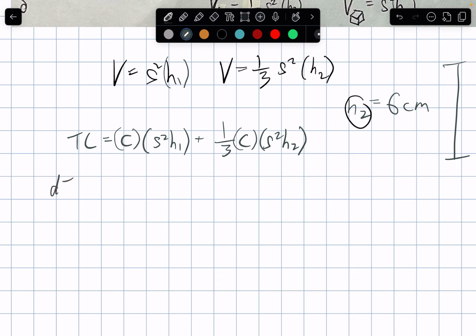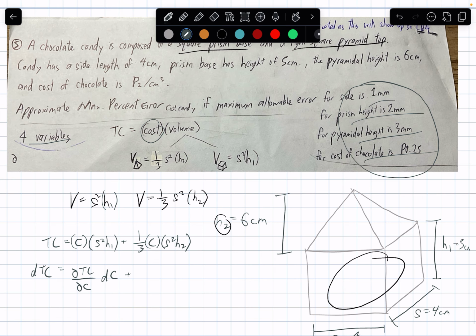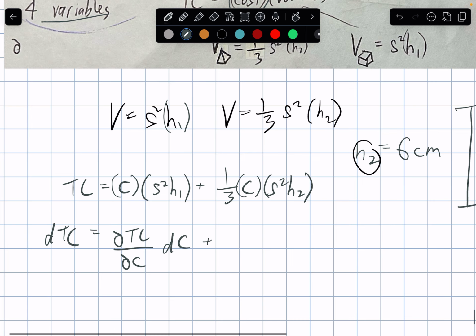So dTc is equal to partial Tc over partial C times dC. Again, we have 4 variables, right? So for the side, for the prism height, for the pyramidal height, and for the cost of chocolate, abbreviated as C. So this is the cost of chocolate.